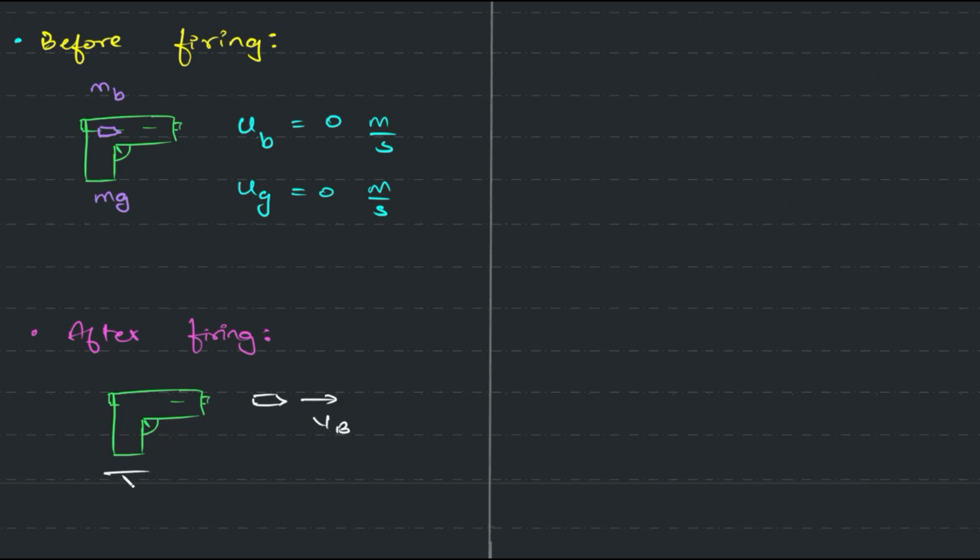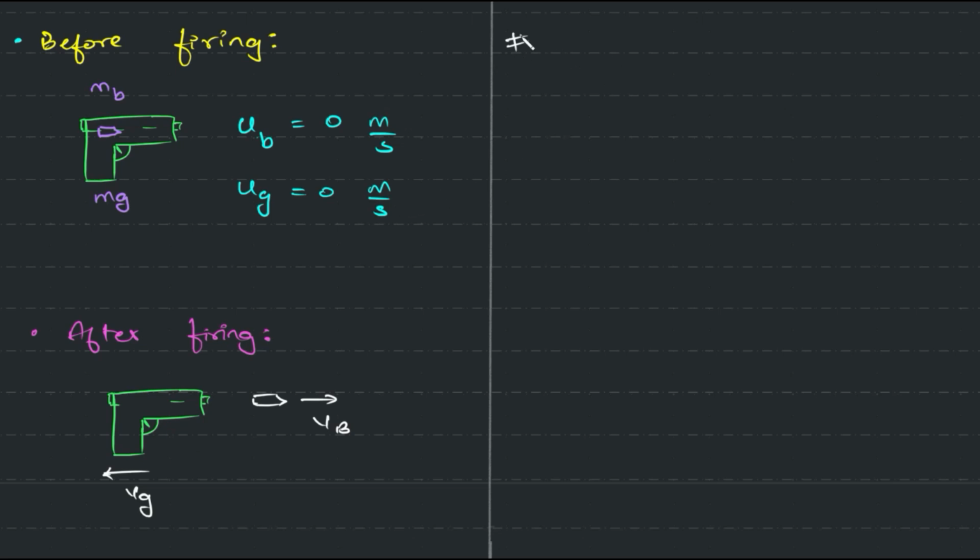At the same time, the gun will go a bit back. It has to go a bit back because of, yes, the third law of motion. So for every action, something is moving forward, there has to be a reaction, something has to go back.